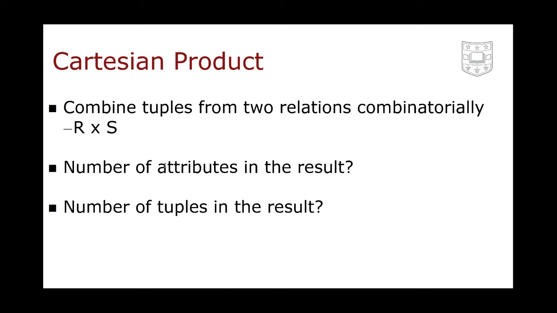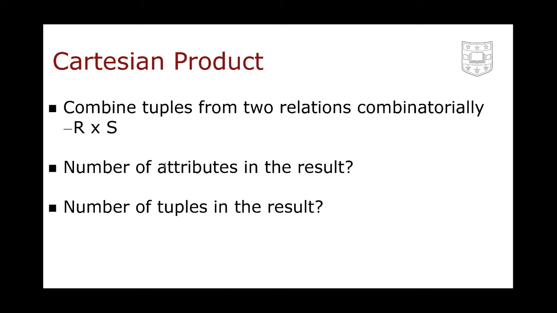The number of tuples in the result: if R has n tuples and S has m tuples, how many tuples do I expect to see in the result? N times m. In this case, I had 2 tuples here, 2 tuples here, so 2 times 2 got me 4 tuples in my result. Every single possible combination of tuples.